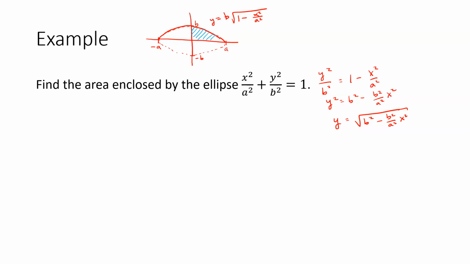If I just take the integral from 0 to a, then I can multiply that by 4 to get the whole ellipse. Okay, so the area enclosed by the entire ellipse will be 4 times the integral from 0 to a of b times the square root of 1 minus x squared over a squared.